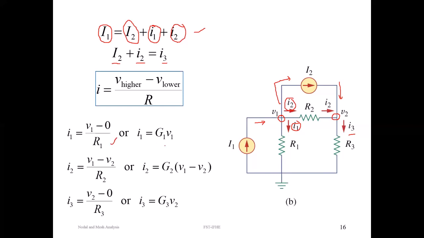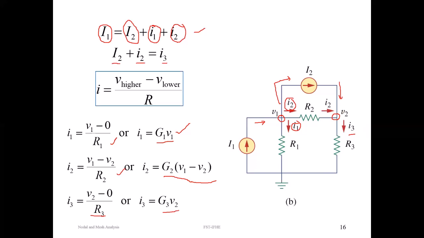So 1 by R1 can be represented as a conductance G1 into V1. Small i2, V1 minus V2 by R2, can also be written as G2 into V1 minus V2. And the third current flowing through R3 is V2 minus 0 by R3, or G3 into V2. So the second step is completed.